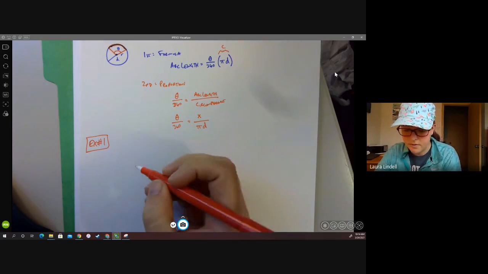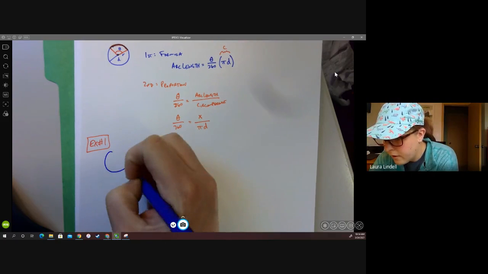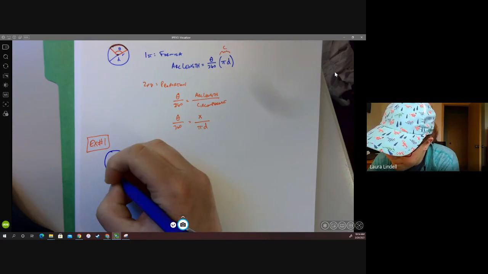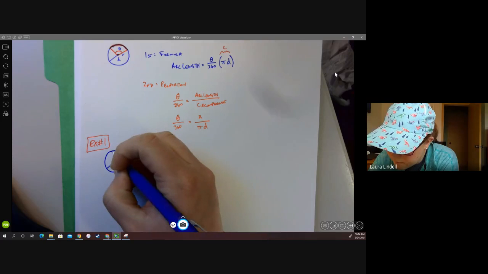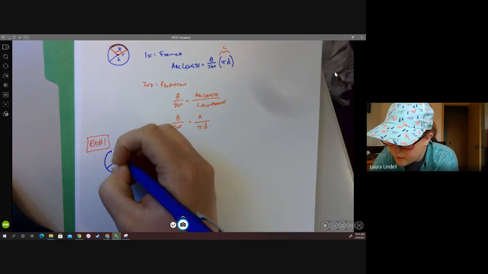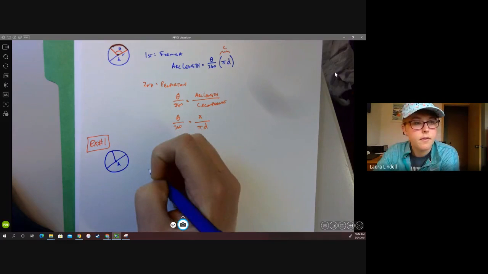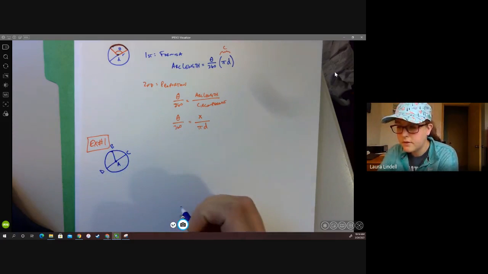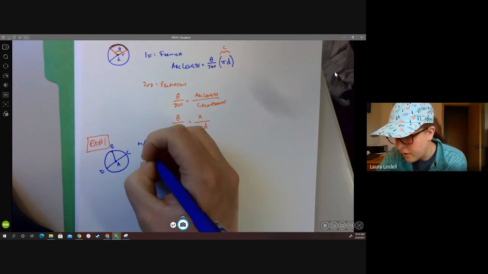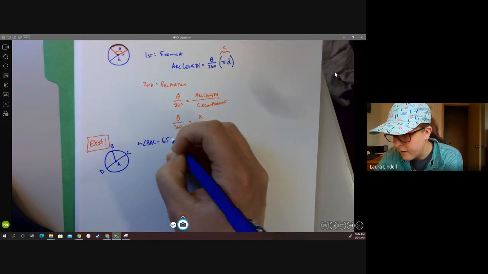We are given this circle here. We'll call it circle A. And we're going to be given some information here. Measure of angle BAC is 65 degrees.